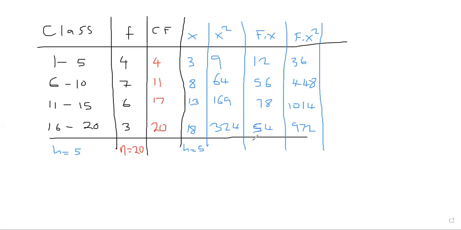So now we sum up the totals here, and only the values that have the f's. So summation of fx, summation of fx squared. So we sum up here, we sum up there. So 12 plus the rest, the sum of fx is 200, correct?